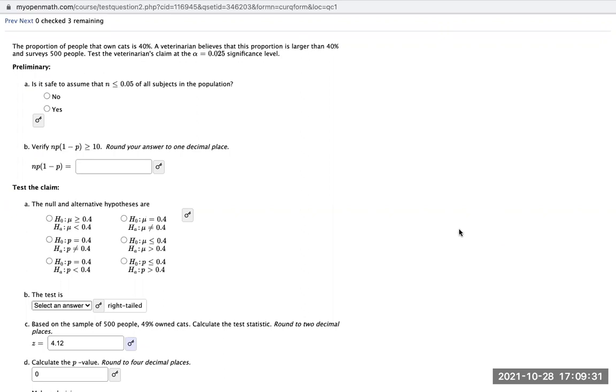They're two completely different ideas. The p here stands for the population proportion that we're interested in, how many people own cats. That's the focus of that p.